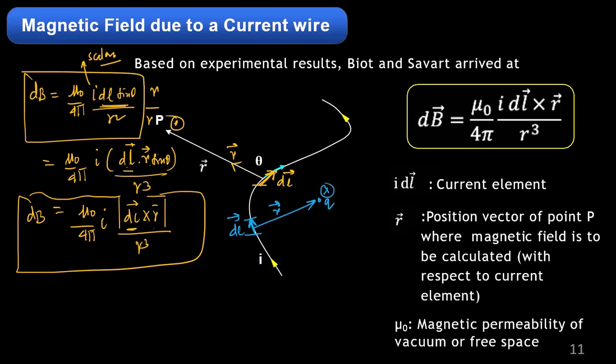So all the points on the right hand side of the wire give the direction of the magnetic field as cross. Similarly, all the points on the left hand side of the wire give the direction of the magnetic field as dot.